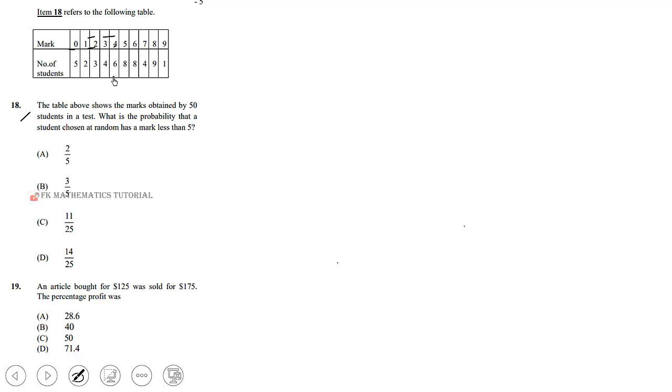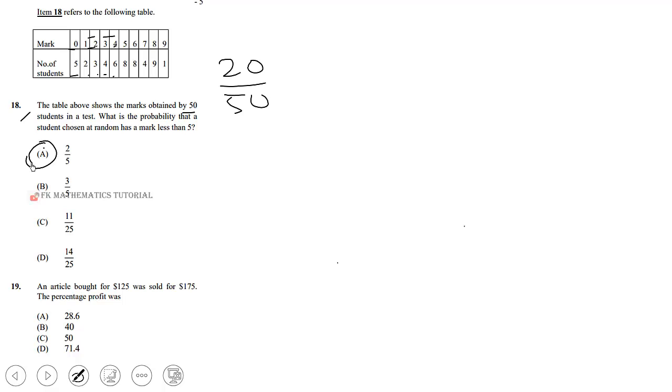So we have 6 plus 4, which is 10, plus 3, which is 13, plus 2, which is 15, plus 5, which is 20. So 20 over 50, because the total is 50, that will give us 2 over 5.